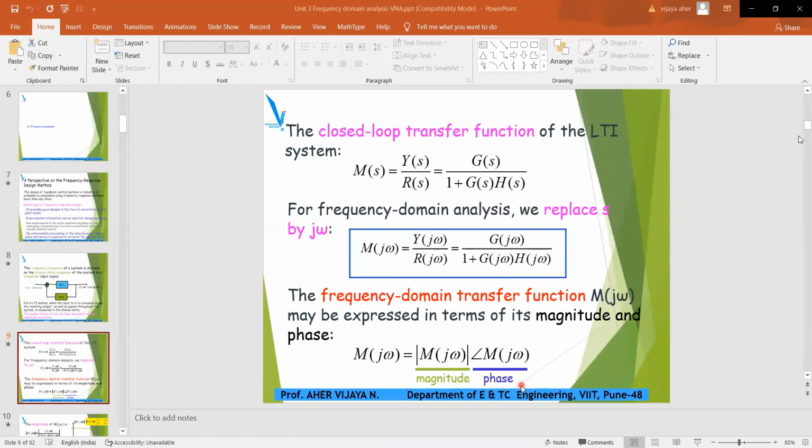You know the output equation y of t is equal to capital Y into sine of omega 0 t plus phi. That magnitude Y is nothing but this term. So for finding the magnitude in frequency domain transfer function, you take mod of M of j omega, and for calculating phase you take angle of M of j omega. Angle of M of j omega is your phase phi, whereas mod of M of j omega is the magnitude. So write these two terms.